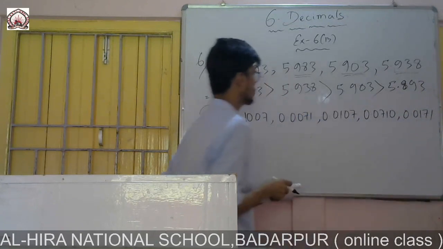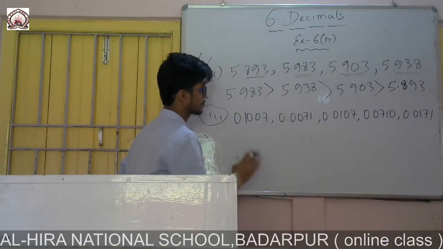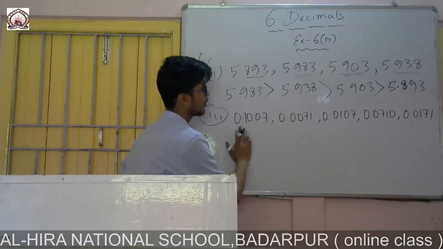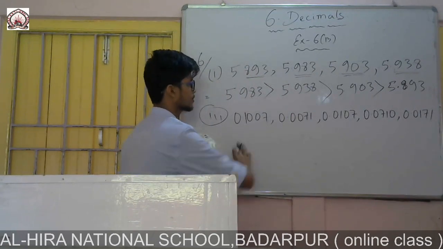So I have to arrange this from the greatest to the smallest. So if I start writing, you see, all numbers are after decimal numbers. So you see which one is greater.